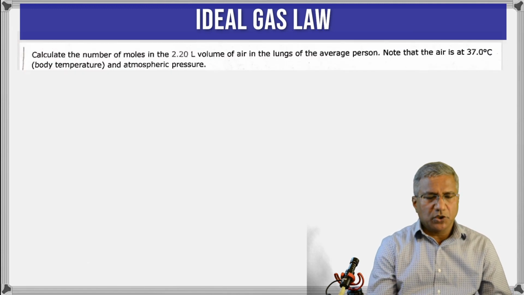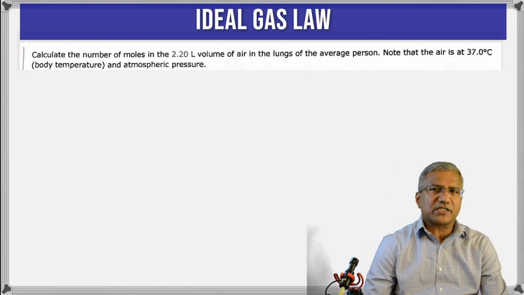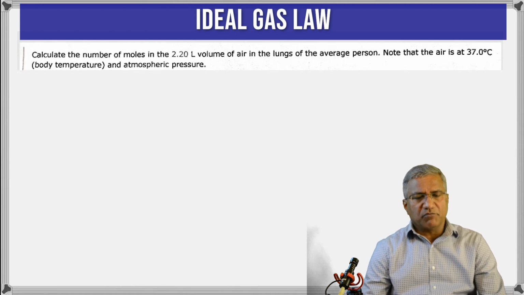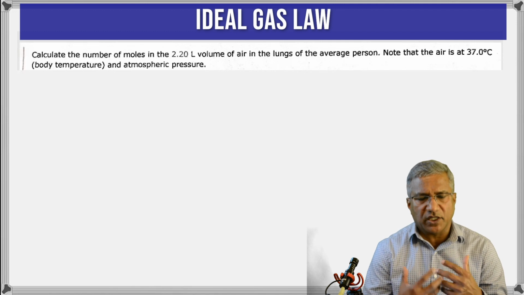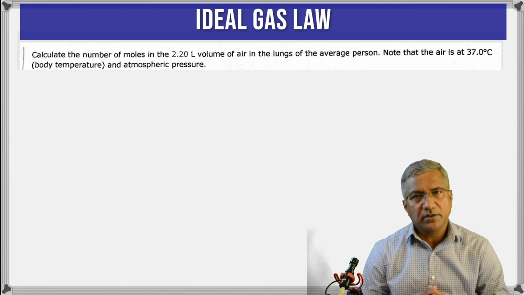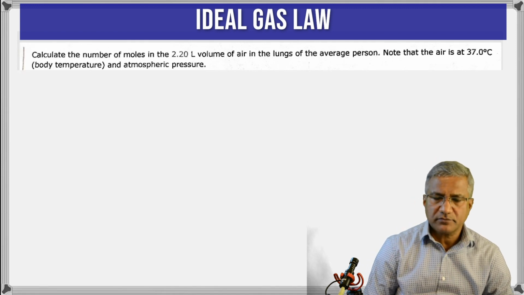Okay? All right, the last question in this section, and this would be like the 8th question in the WebAssign. Calculate the number of moles in the 2.20 liter volume of air in the lungs of the average person. Okay, that is the volume of the lungs of the average person, 2.20 liters.